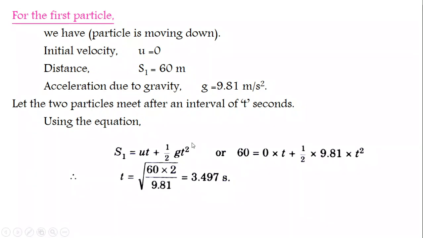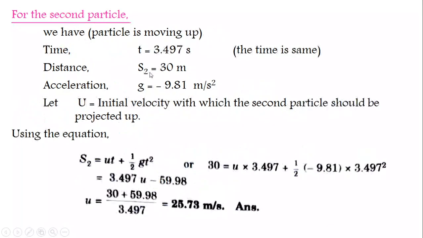In the second case, the second particle is moving in the upward direction, so we take gravity with the minus sign.